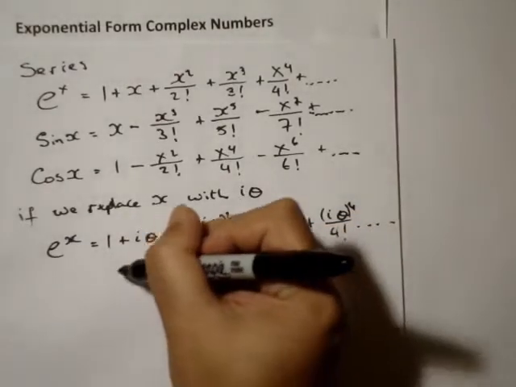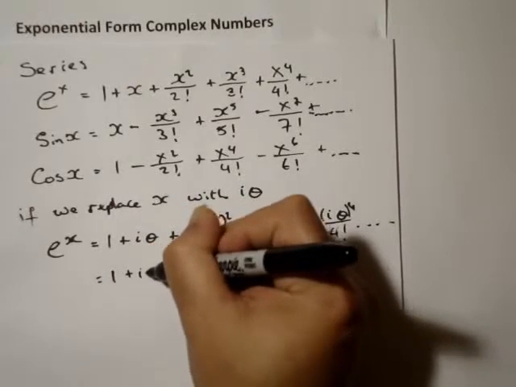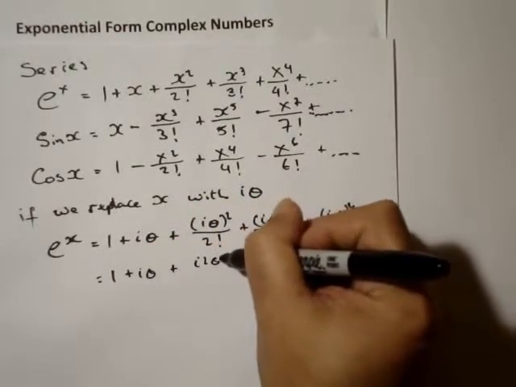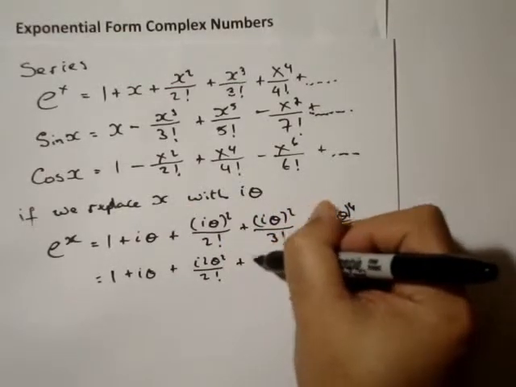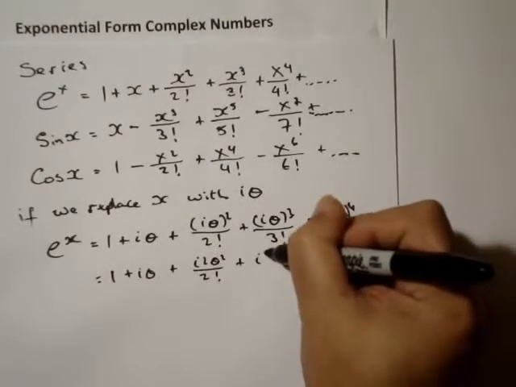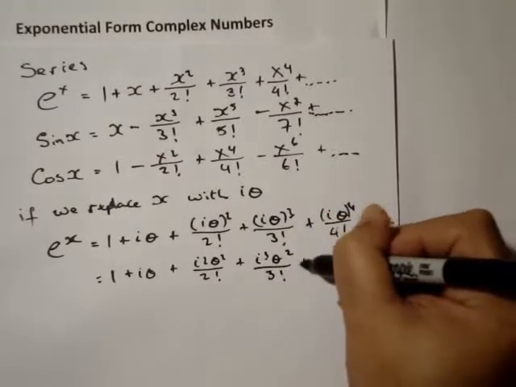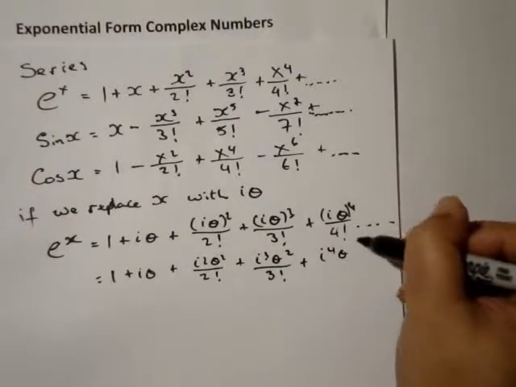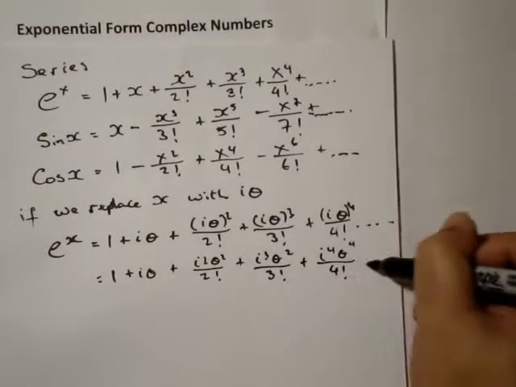This is 1 plus i theta plus i squared theta squared over 2 factorial plus i cubed theta cubed over 3 factorial plus i to the power 4 theta to the power 4 over 4 factorial, and so on.